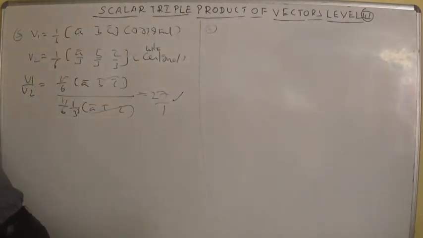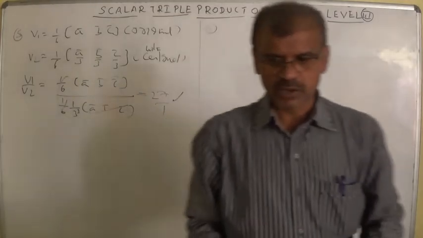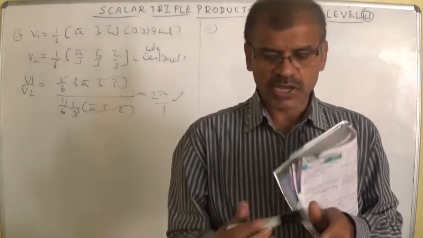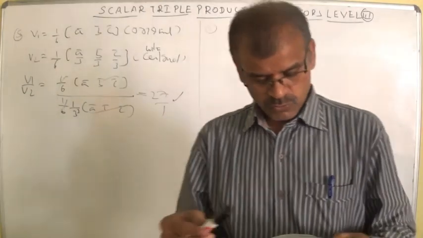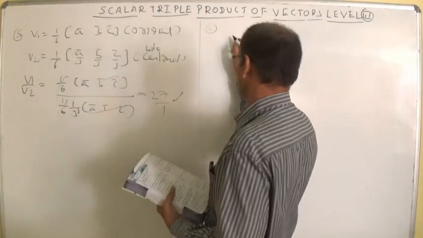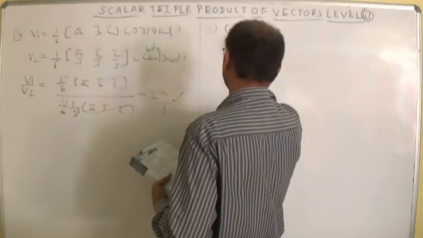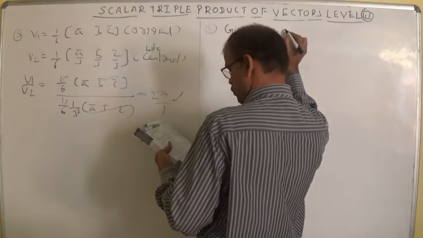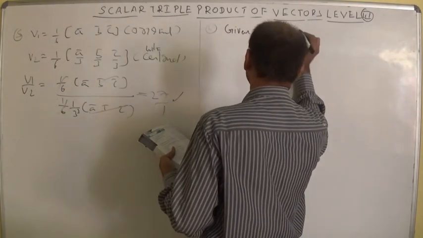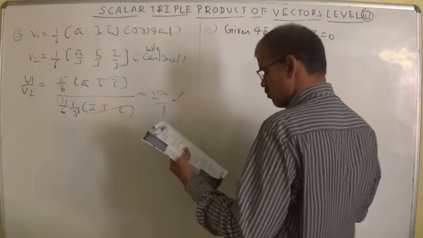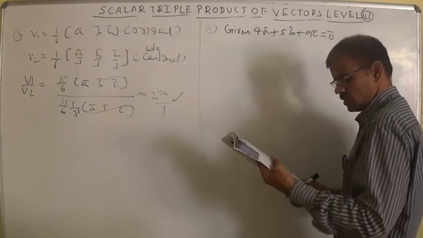Sixth one. 4a plus 5b plus 9c is equal to 0. Given relation, 4a bar plus 5b bar plus 9c bar equal to 0 bar, this is a null vector.